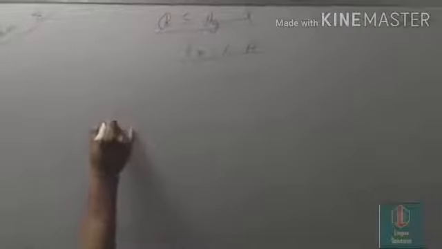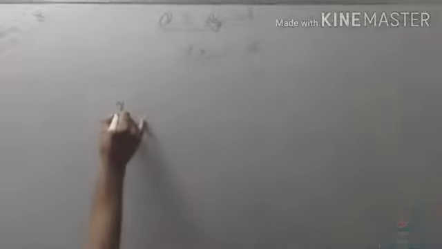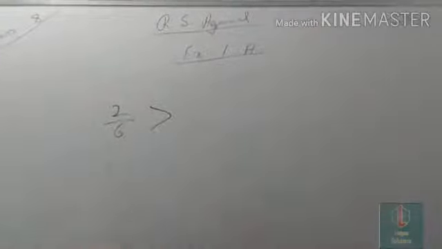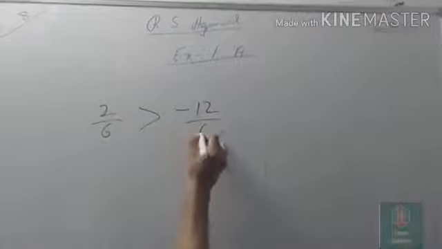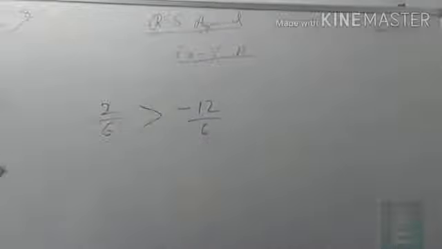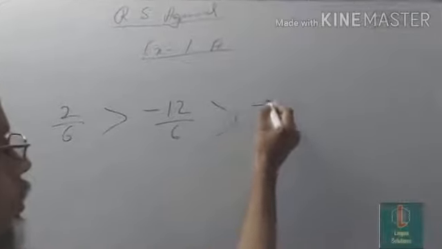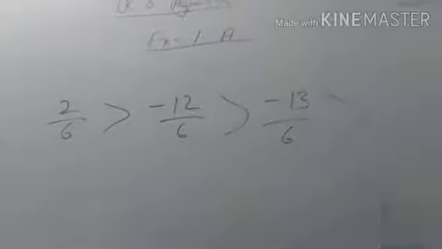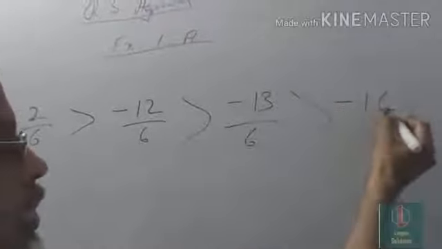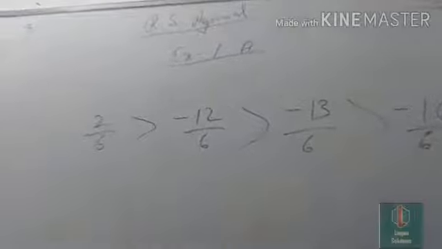So our terms will be 2 by 6 is greater than minus 12 by 6 greater than minus 13 by 6 greater than minus 16 by 6.